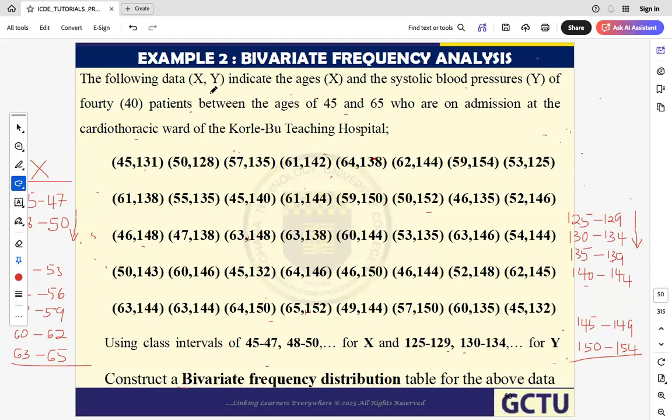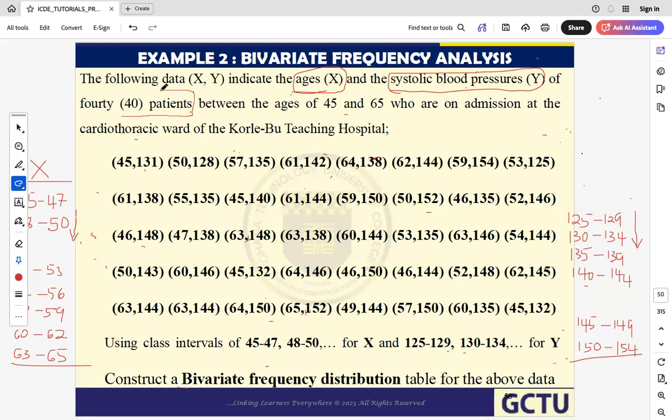It says the following data, X, Y, indicates the ages, meaning X is representing ages. It indicates the ages and the systolic blood pressure, what we call the BP in Ghana, blood pressure, the systolic blood pressure of 40 patients.